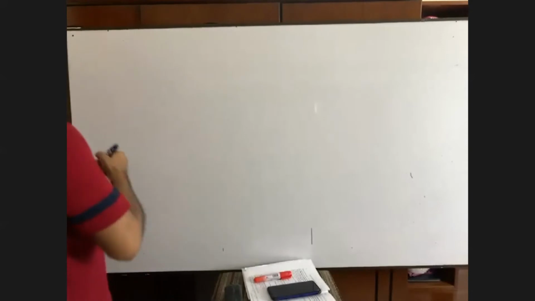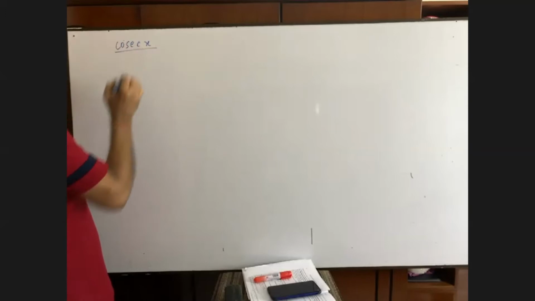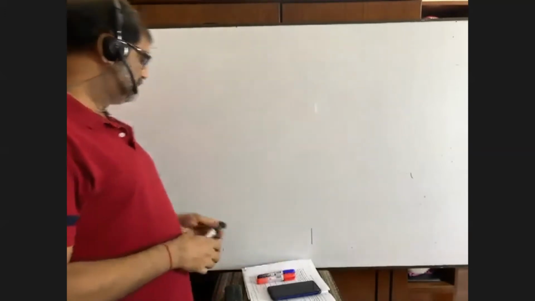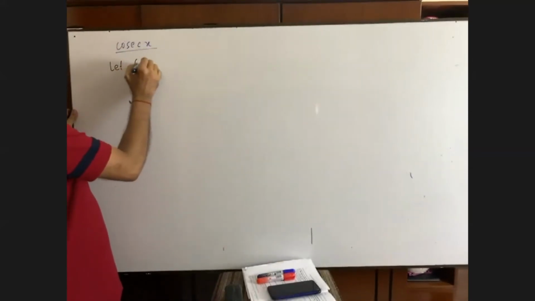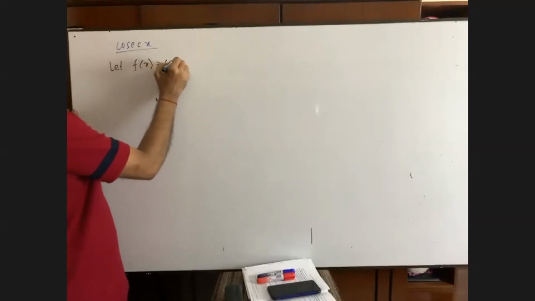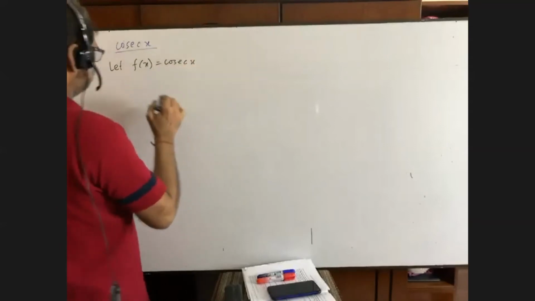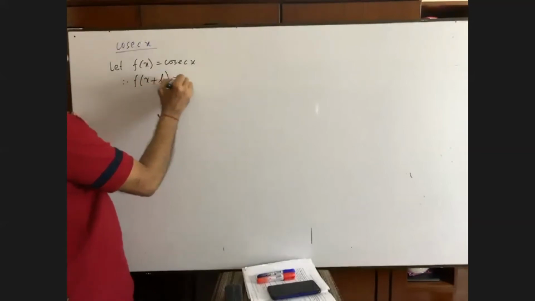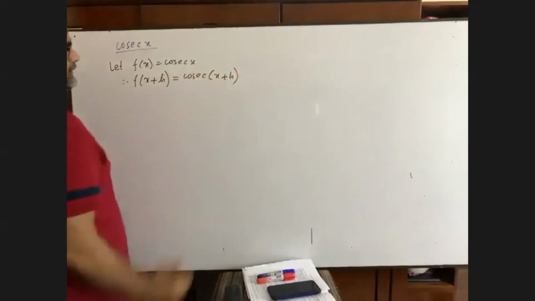Now, suppose you are given cosec x. You do it. Let f(x) equal cosec x. Then f(x+h) is cosec of (x+h).